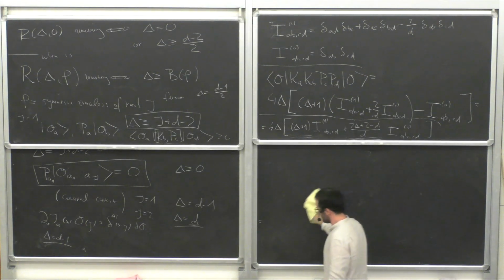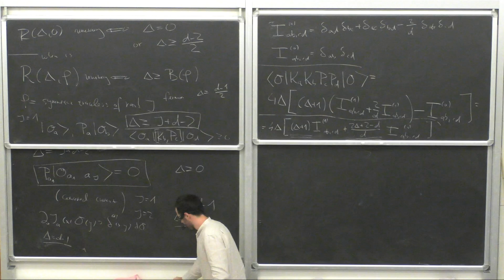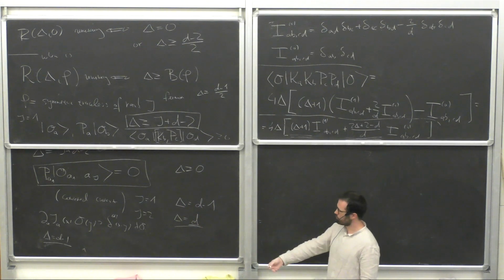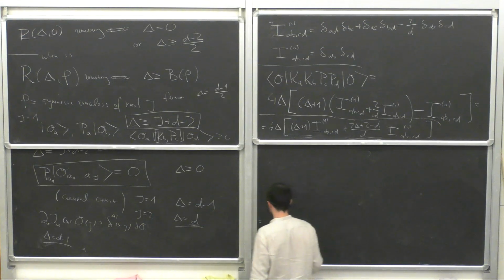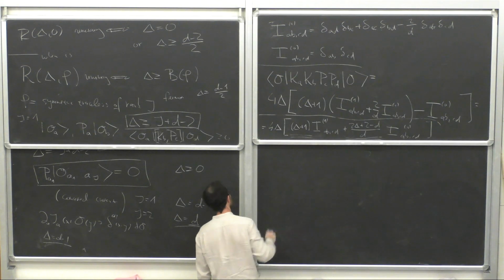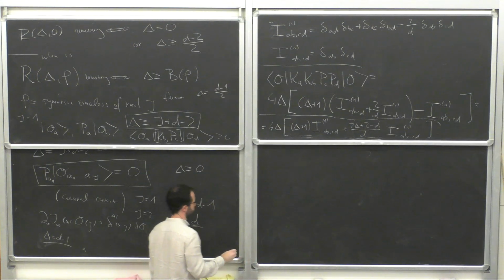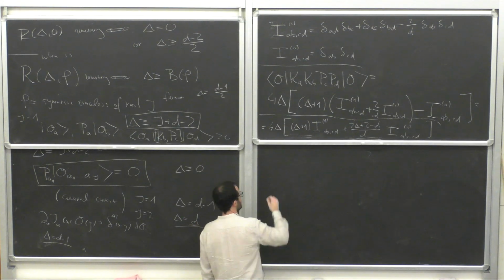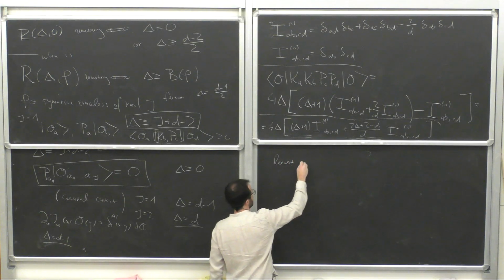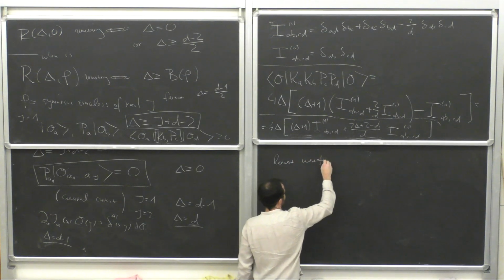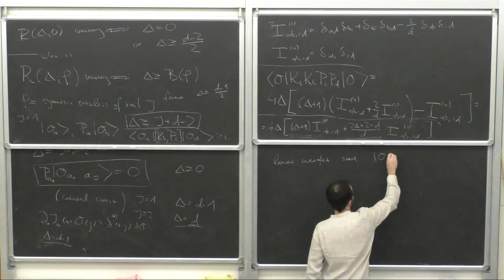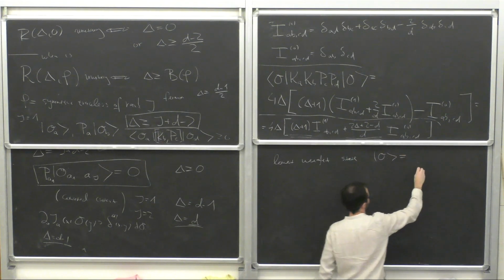Okay, so we were talking about states the whole time. Now let's bring it back to the operators. First, some terminology. The lowest weight state, what I was calling O, is called primary.